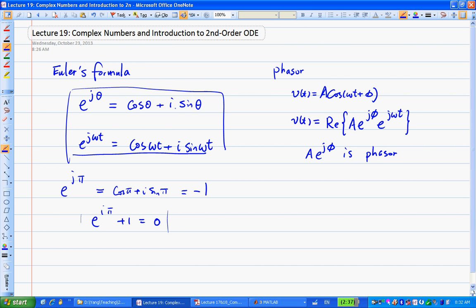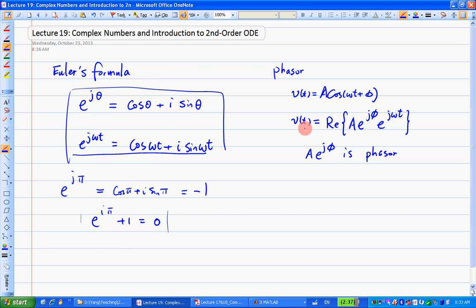Okay, yeah. So we also started talking about the phasor. The application of phasor is mainly on AC circuits, and to deal with sinusoidal signals. If you have a sinusoidal signal right here, instead of processing it as it is, we consider it as part of a complex number.